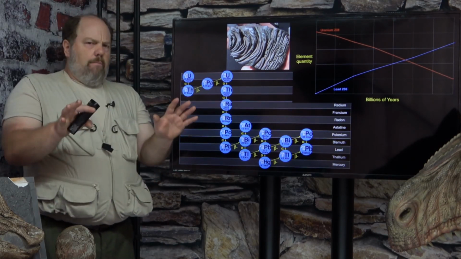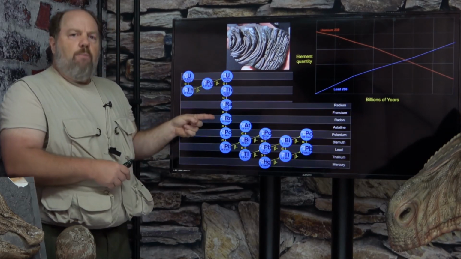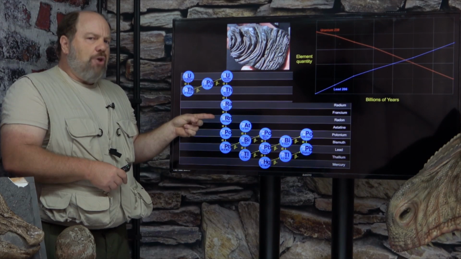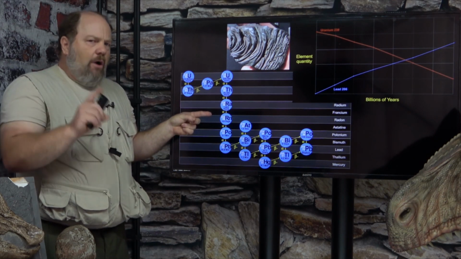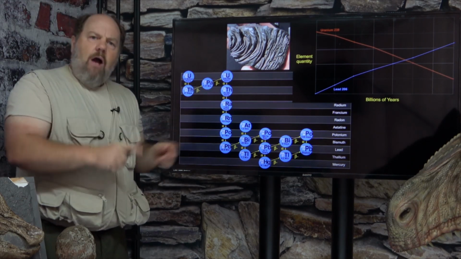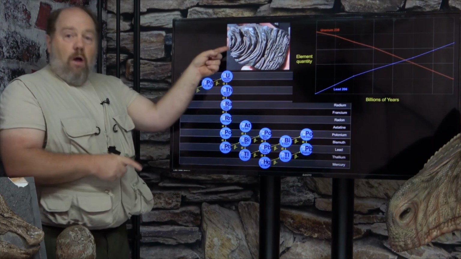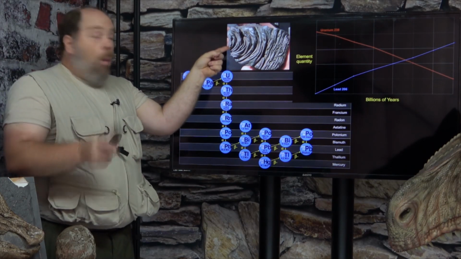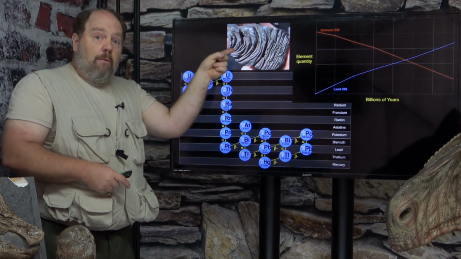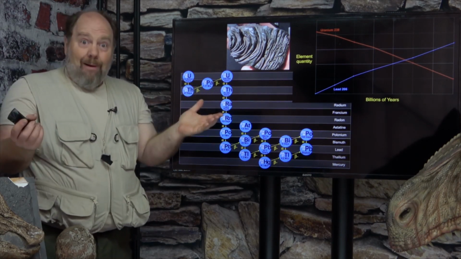Now, wait a minute. If radon, one of the intermediate daughter elements in the decay chain, can pass right through solid rock, then how do we know when radon gas has leached out of our rock sample or leached into it? The correct answer is we can't know.